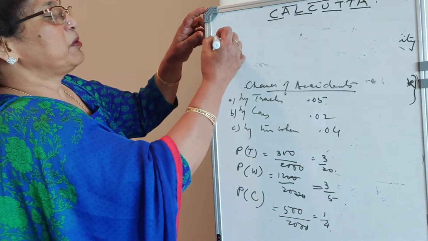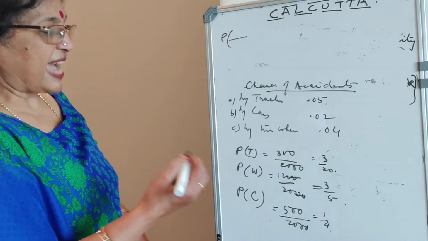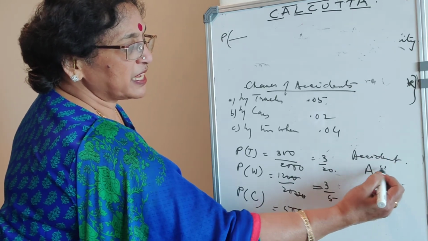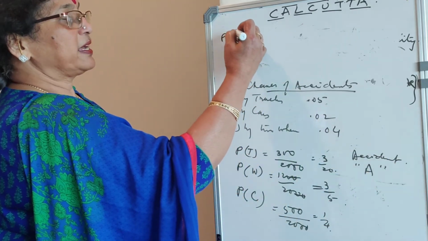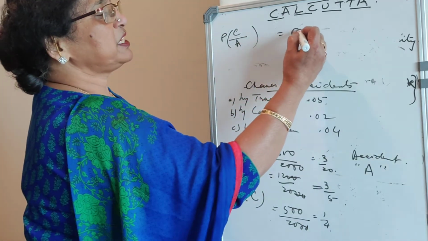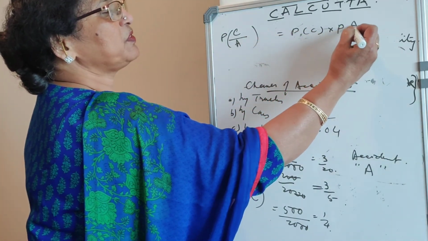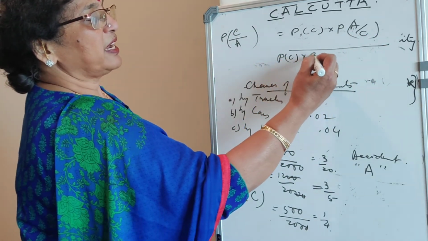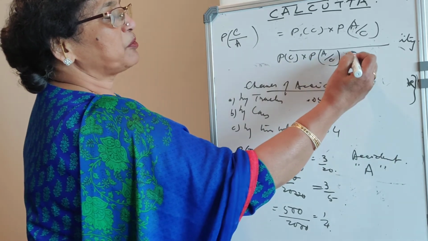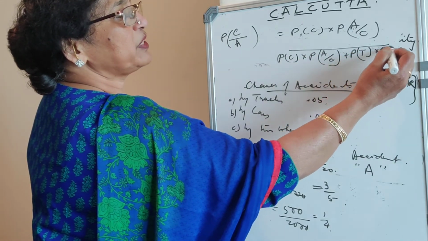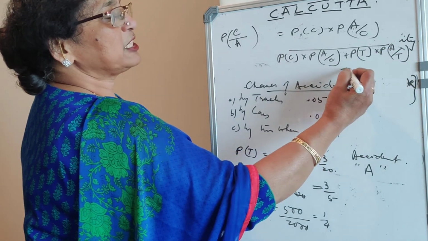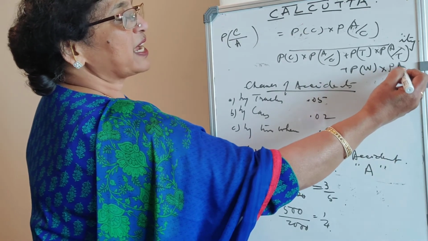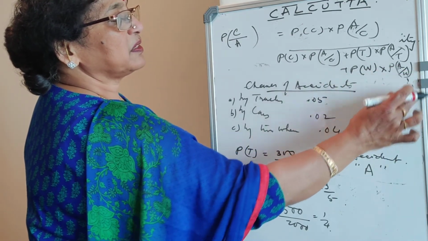So you have the probability of the common event, the accident, which we call A. The accident has occurred by a car is the probability of the car and the probability of the accident by a car, divided by the probability of a car and accident with a car, plus the probability of a truck and the probability of accident by a truck, plus the probability of a two-wheeler and the probability of accident with a two-wheeler, right?